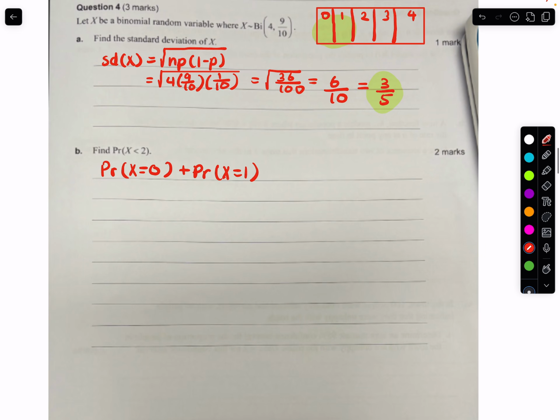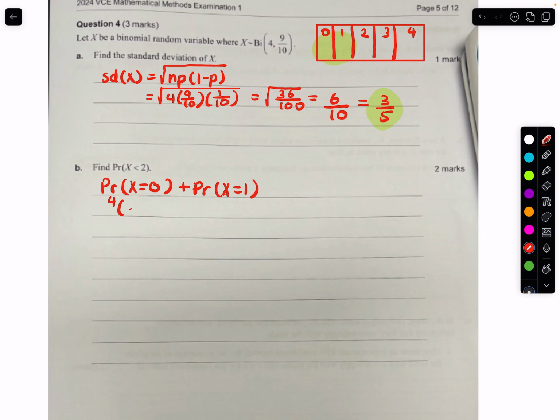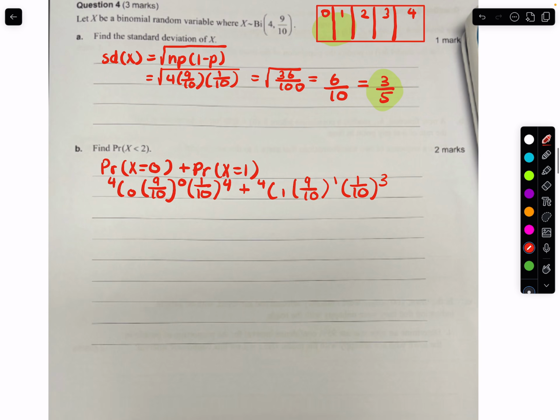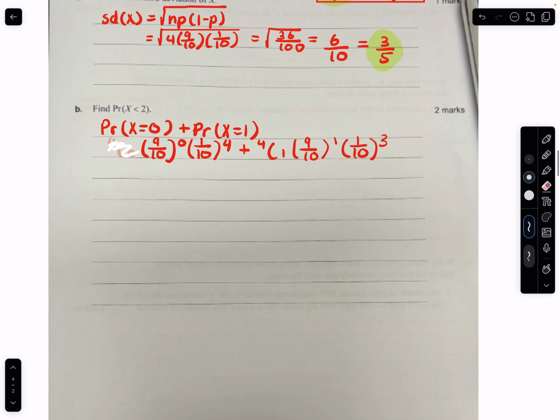It'll be 4 choose 0, probability of success 9 over 10 to the power of 0, probability of failure 1 over 10 to the power of 4 minus 0, which is 4. Plus, do that for the probability that x equals 1: 4 choose 1, probability of success 9 over 10 to the power of 1, probability of failure 1 over 10 to the power of 4 minus 1, which is 3. So 4 choose 0, we know it's always 1, and anything to the power of 0 is 1, so that's that. All right, let's just move this here.